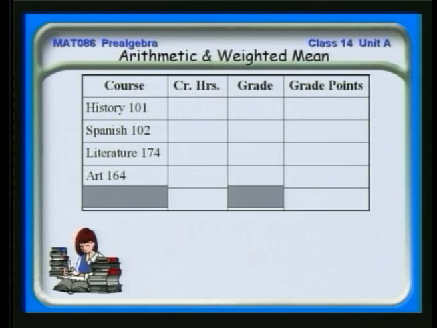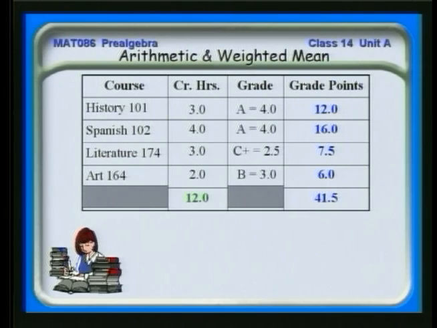Let's look at another example for finding a GPA, which is a really good example of a weighted average, a weighted mean. We have 4 classes, I'm sorry, I can't count here, maybe I should take Math 86, with different credit hours. And here are the grades. And remember, to get the grade points, I weight the grade by the credit hours.